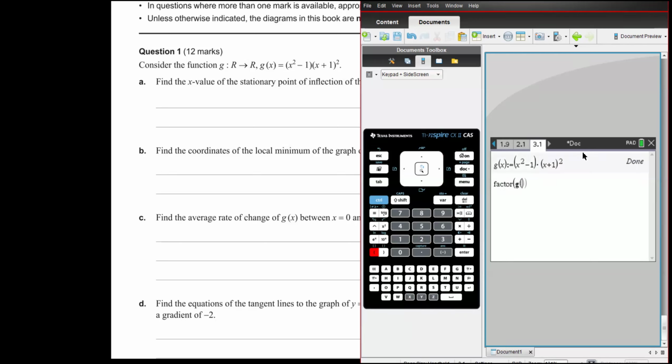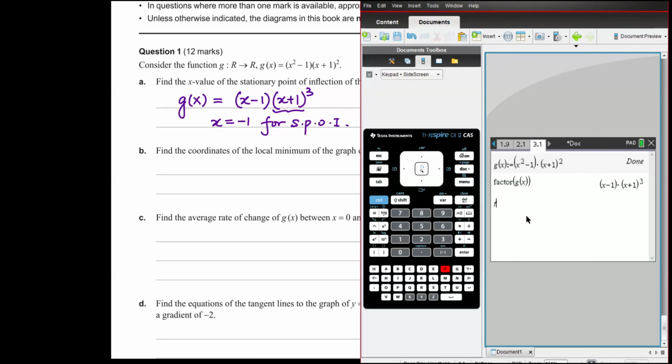If you use the factor form, the point of inflection will occur at x equals to minus 1, but the question wants the x value. So just say g(x) equals to (x minus 1)(x plus 1) cubed. Triple factor. x equals to minus 1 for the stationary point of inflection.